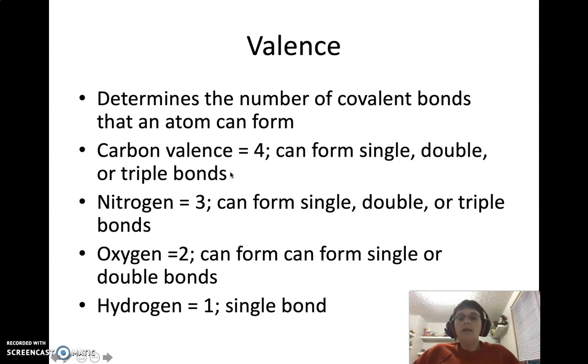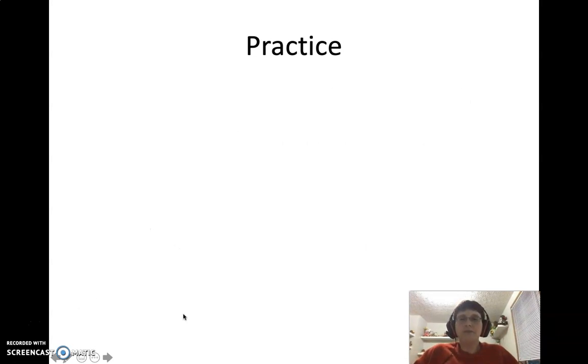Now, other elements obviously have valences as well, but these are the 4 that I've got listed because these are the 4 that you most commonly run into when making covalent compounds.